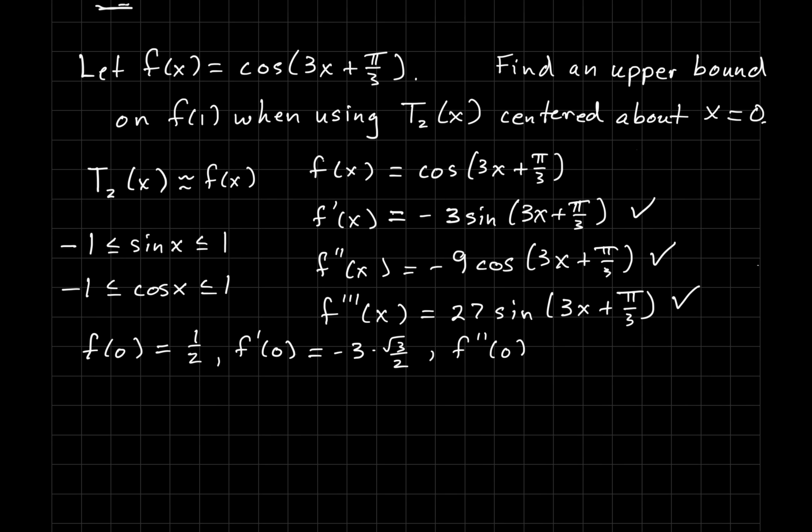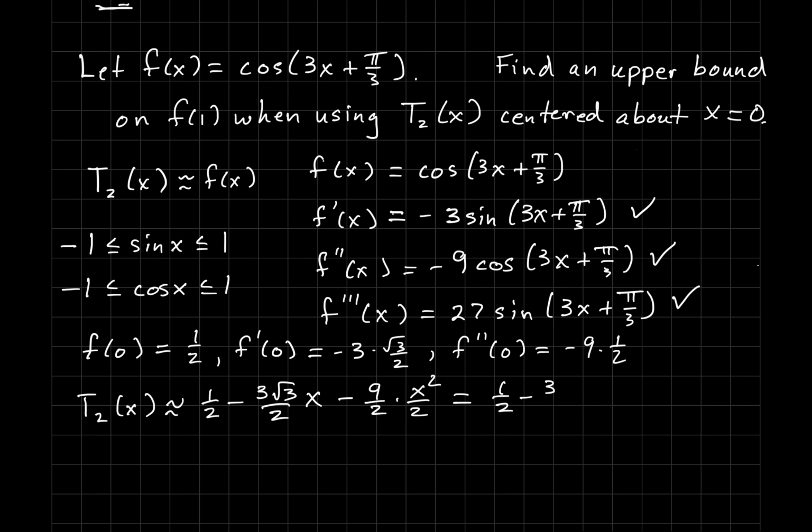F double prime of 0 is negative 9 times 1 half. So my second degree approximation is f of 0 plus, in this case, negative 3 root 3 over 2 times x minus 0 plus negative 9 over 2 times x minus 0 squared over 2 factorial.